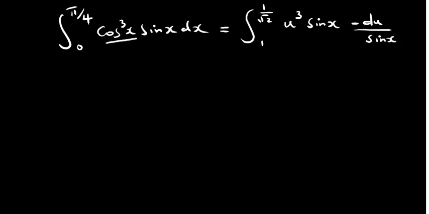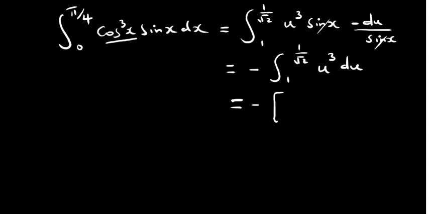So now sine x can cancel with sine x, so that we now have a negative out, integral from 1 to 1 out of root 2. What are we integrating? We are integrating u cubed with respect to u. The negative that we had here is already out here. So at the end of the day, we shall have a negative square bracket. This is u power 4 divided by 4.